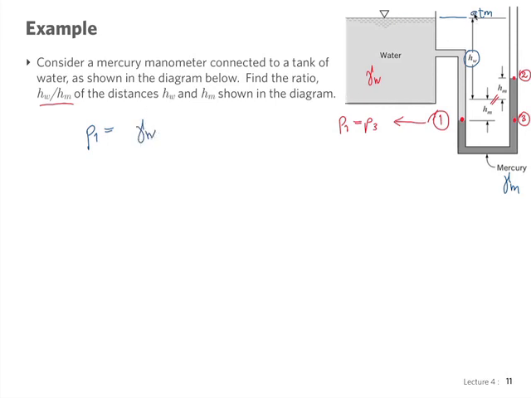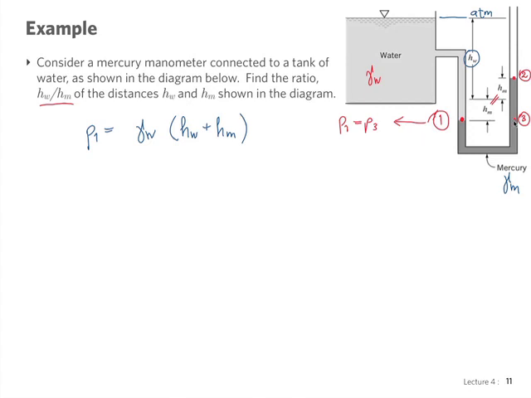But the total height is this HW plus this little extra bit here, which is HM. That is the pressure at 1. Everybody clear with that and happy with that? Okay, good.